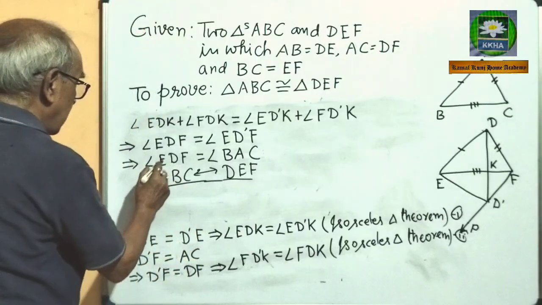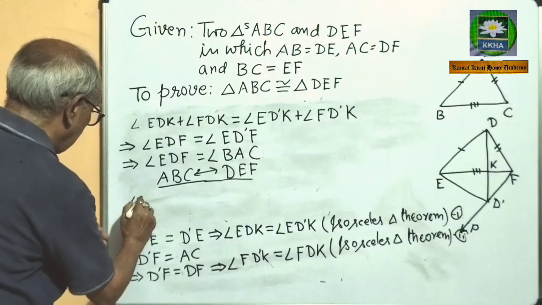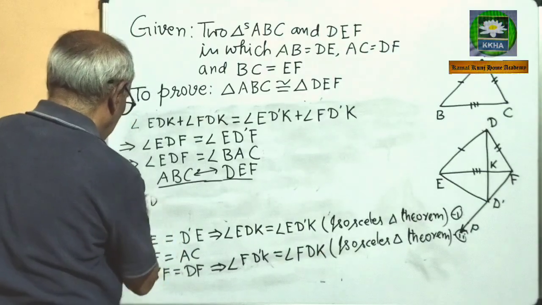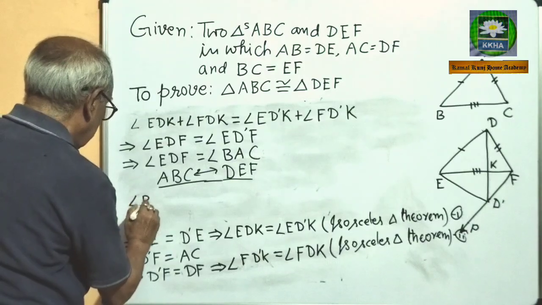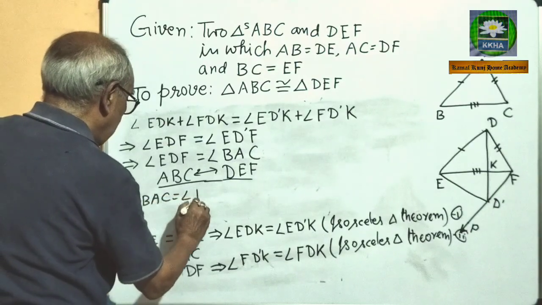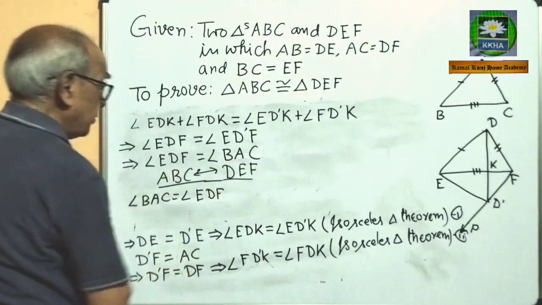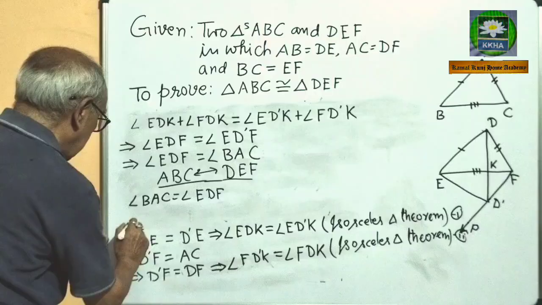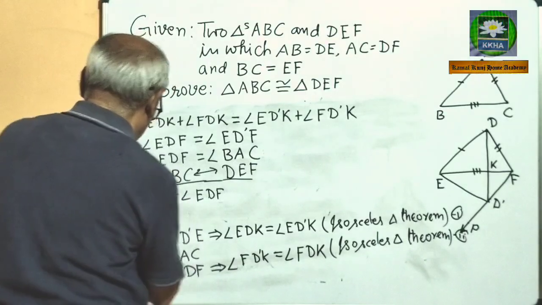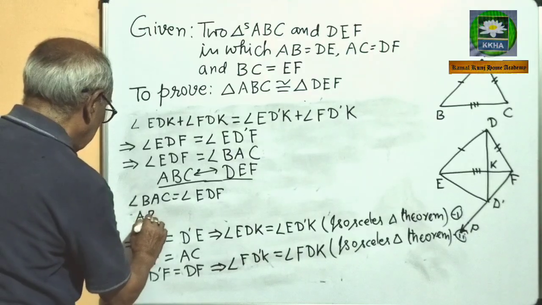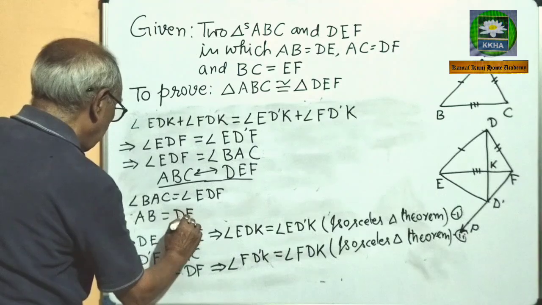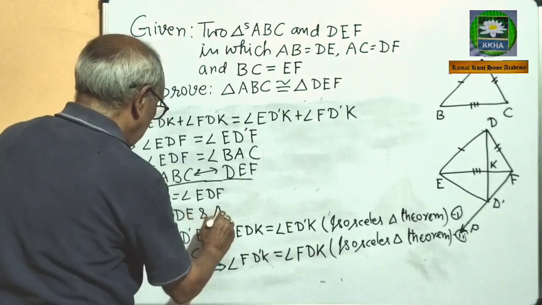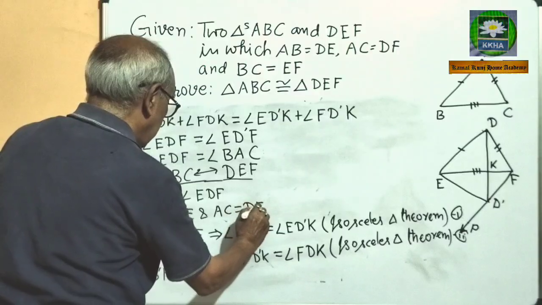We have angle BAC is equal to angle EDF, just proved, and AB is equal to DE, and AC is equal to DF, is given.